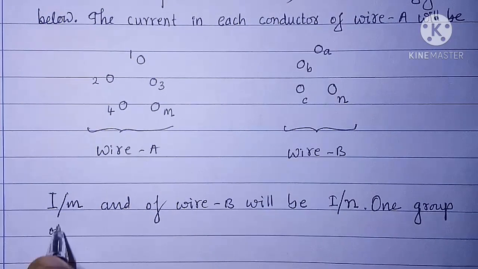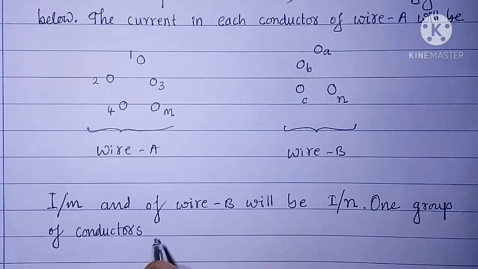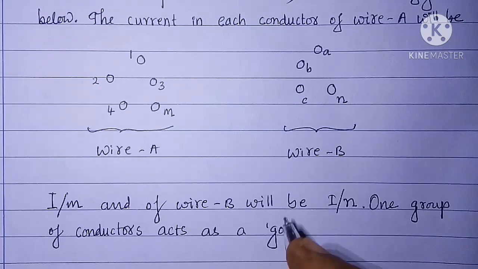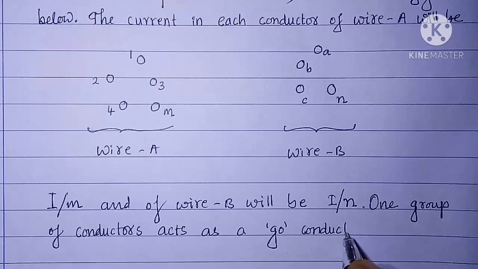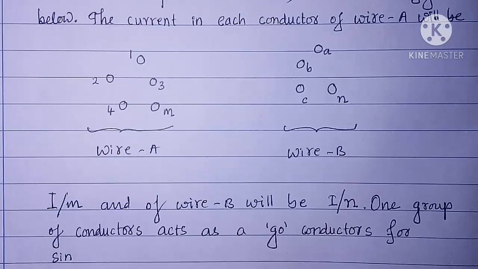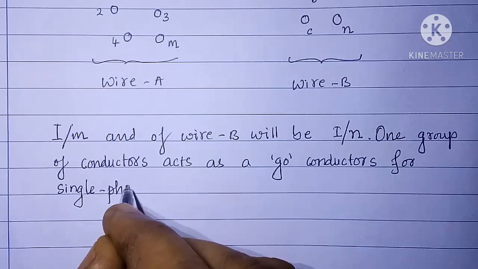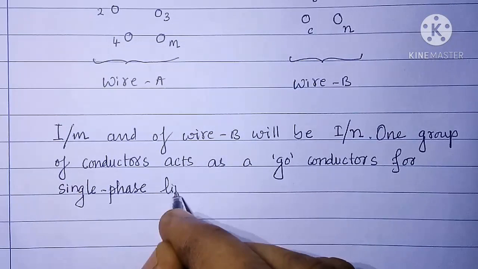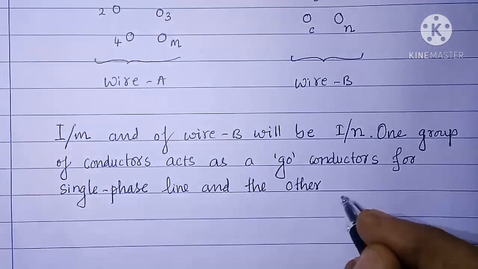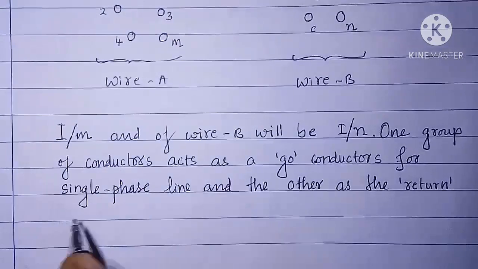One group of conductors acts as the go conductors for single phase line, and the other as the return conductors.